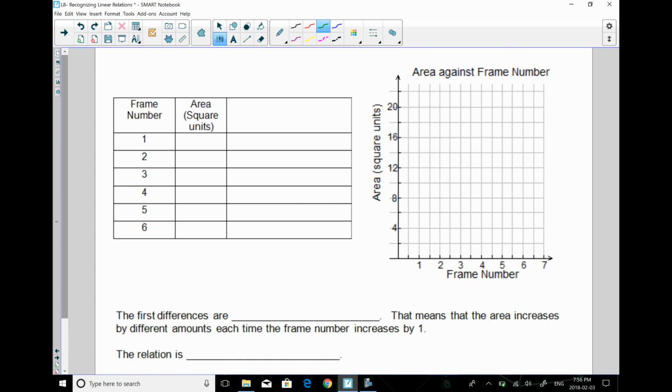So now we're going to look at area. That was perimeter. We're looking at the same frames with the frame numbers.